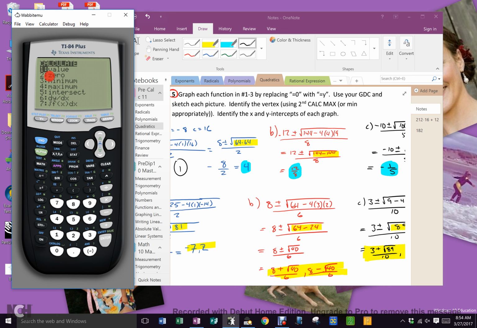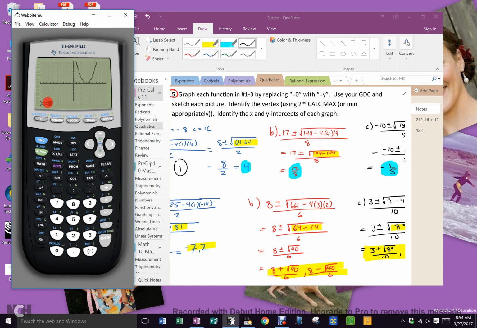Everybody cool? Now the next one is a little bit trickier. I need the y-intercept. None of those words say intercept, do they? But that first word says value, doesn't it? What happens when we hit number 1? X equals blank. What number should I put there?